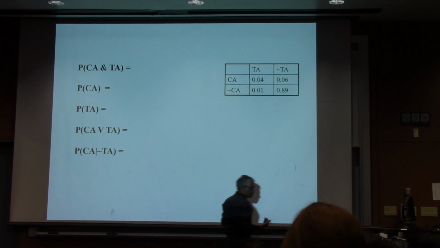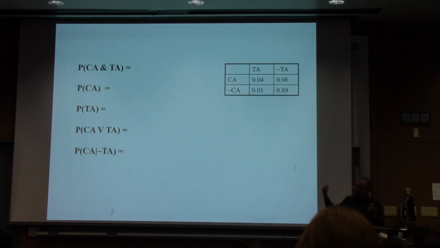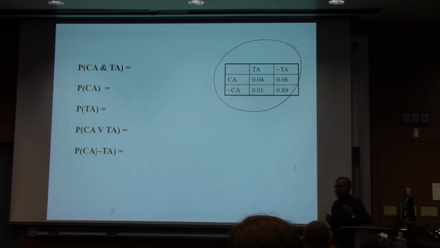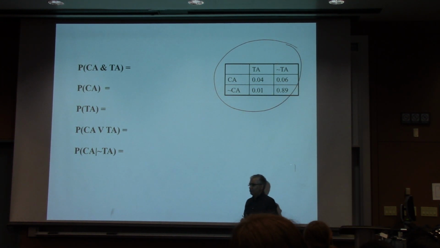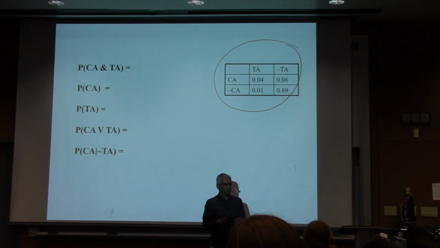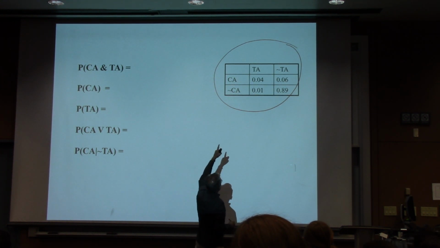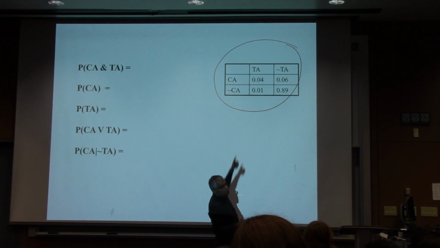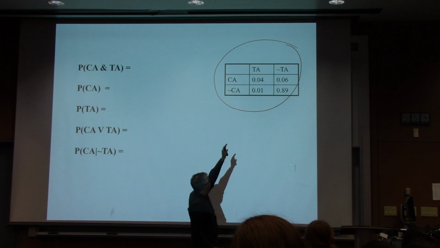Okay, let's see, here are some of the queries. In fact, pretty much any query you can think of will be one of these types. This is my joint distribution over toothaches and cavities. If you take a random person, the probability that they will have both toothache and cavity is 0.04.